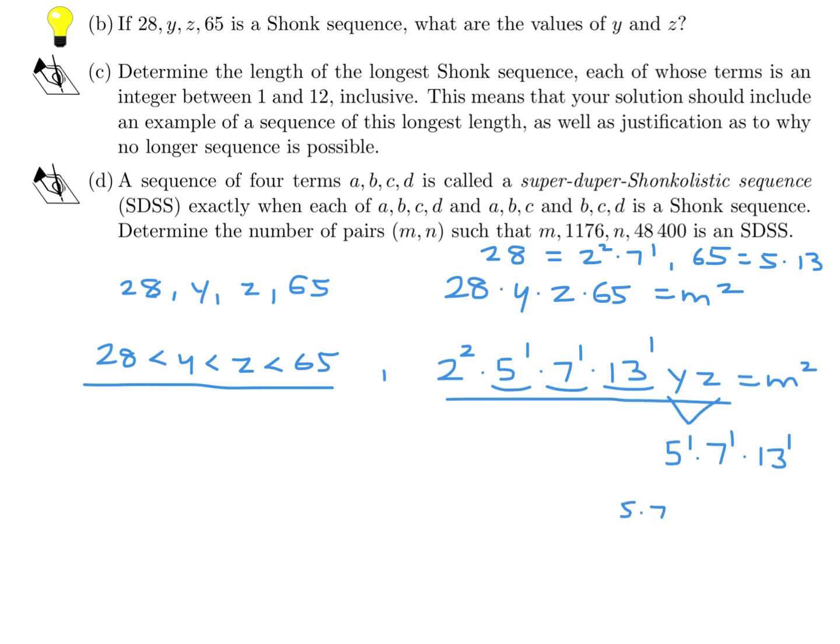If I did 5 times 7 for one guy, see, all of these have to be greater than 28. That's why I can't use individual numbers. That's 35. 5 times 13, I believe, is 65. And 7 times 13 is 91. Okay, so, yeah. Well, that's not going to work, though, because no matter what, you're going to end up with an individual number, and all the individual numbers are less than 28. Okay, so what do I do now?